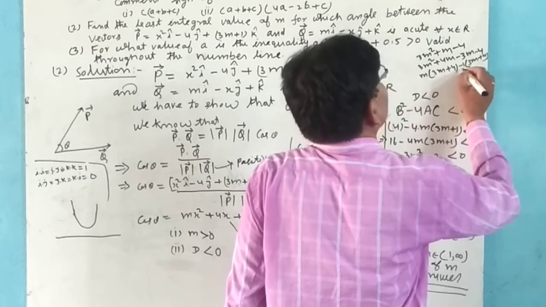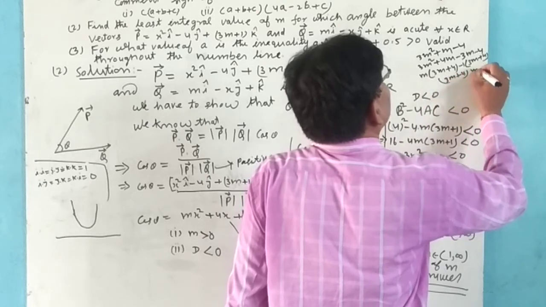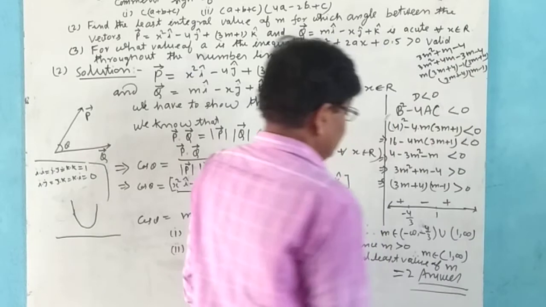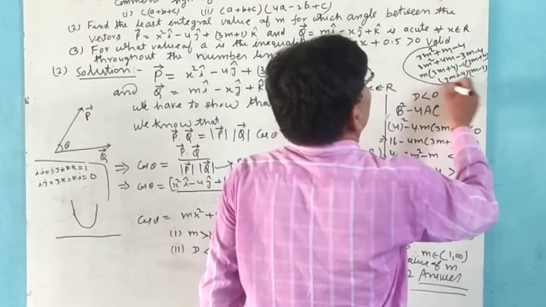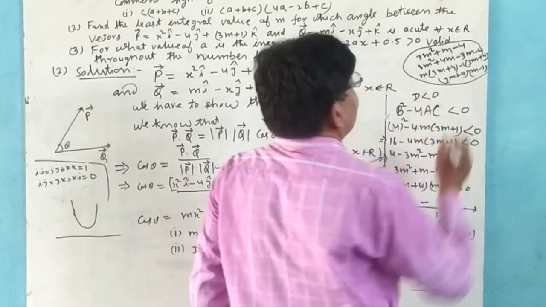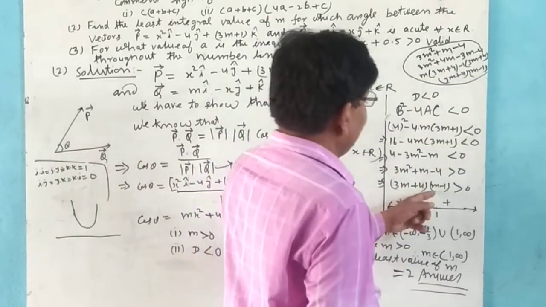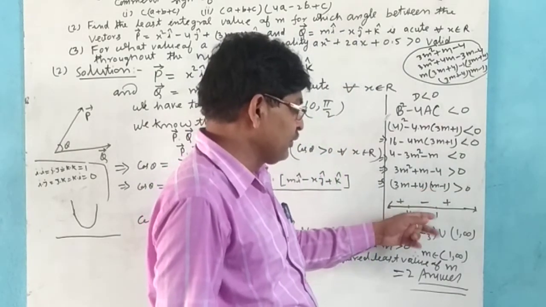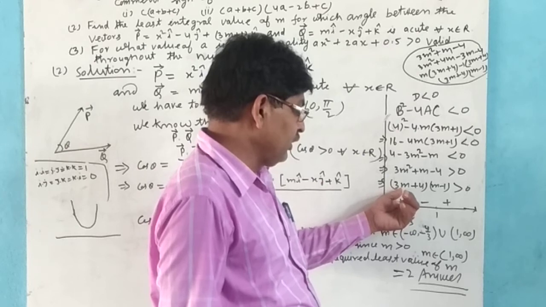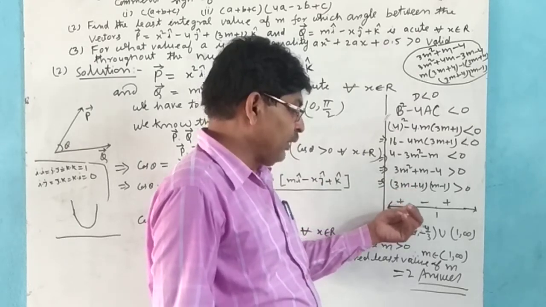So the factors of our polynomial are 3m plus 4 and m minus 1. Putting m minus 1 equal to 0, m equals 1, and 3m plus 4 equal to 0 gives m equals minus 4 by 3.